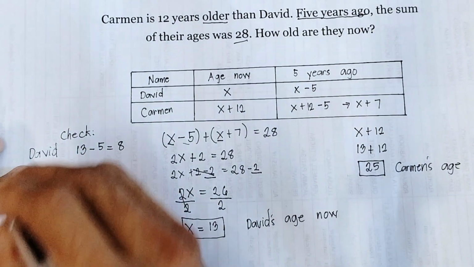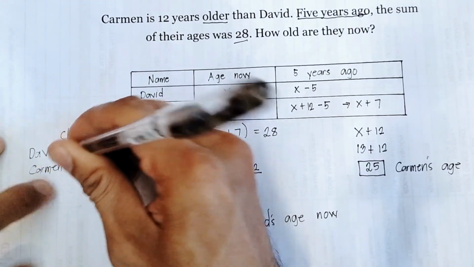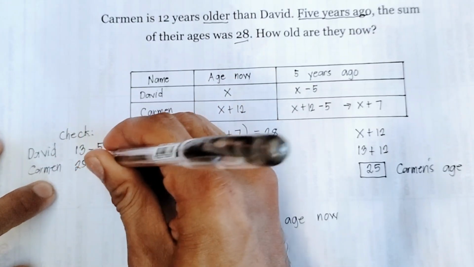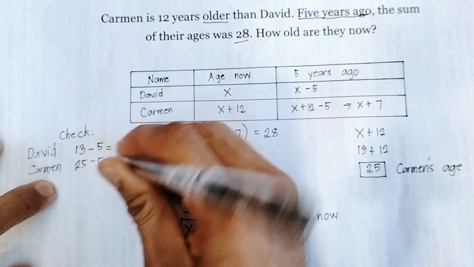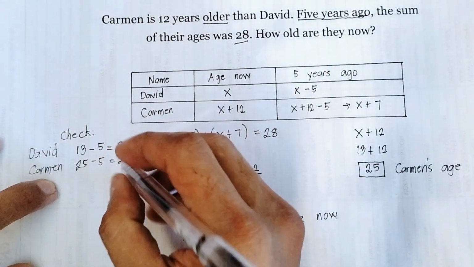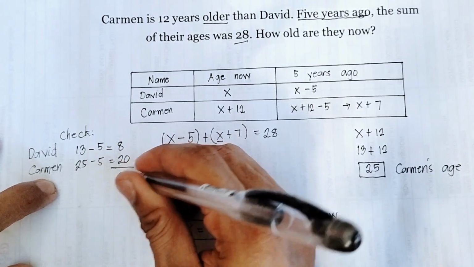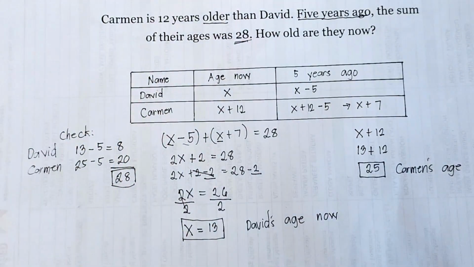And for Carmen, 25 minus 5 is equal to 20. So these are their ages 5 years ago. Now let's add 8 plus 20, that is equal to 28. That is correct.